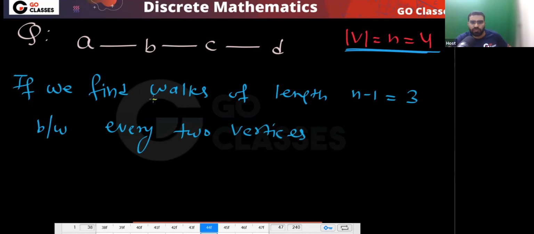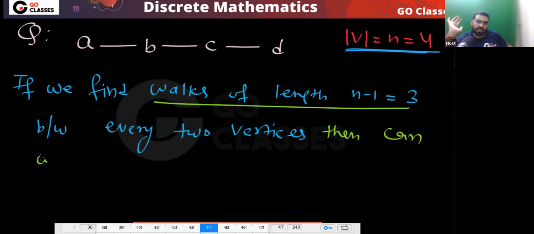I am saying walks of length 3, not length 1 or 2. I ignore lengths 1 and 2. I only find walks of length 3 between every two vertices. Then can we determine connectedness?